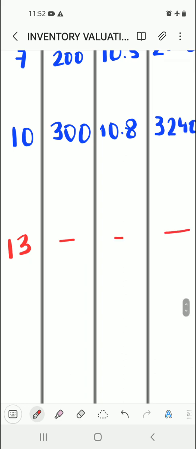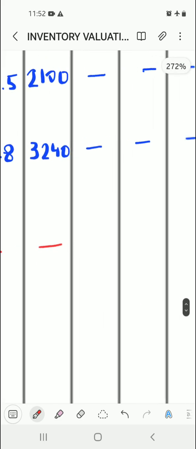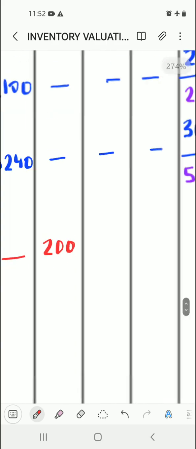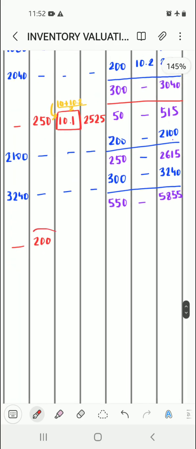There has been only issue of 200 units. Now see, this 200 will be definitely taken away from this 550 that we have. So we have to first find out the price at which this is going to take place.